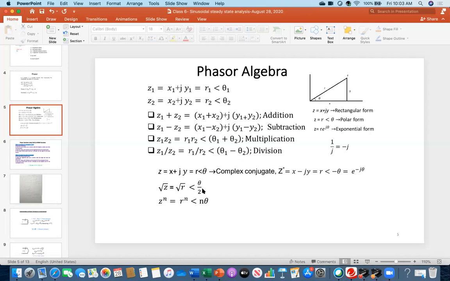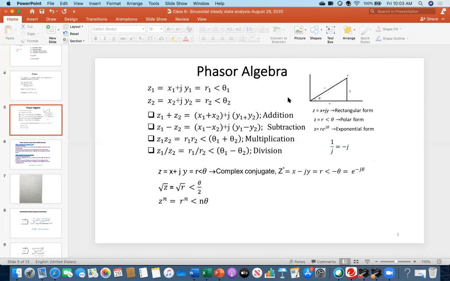That is why the angle will be half. If you want Z to the power n, whether square, third power or fourth power, you raise r to the power n and the angle is multiplied by n. And you all know this: what is 1 over j? Minus j. Or 1 over i is minus i. So these are the things.